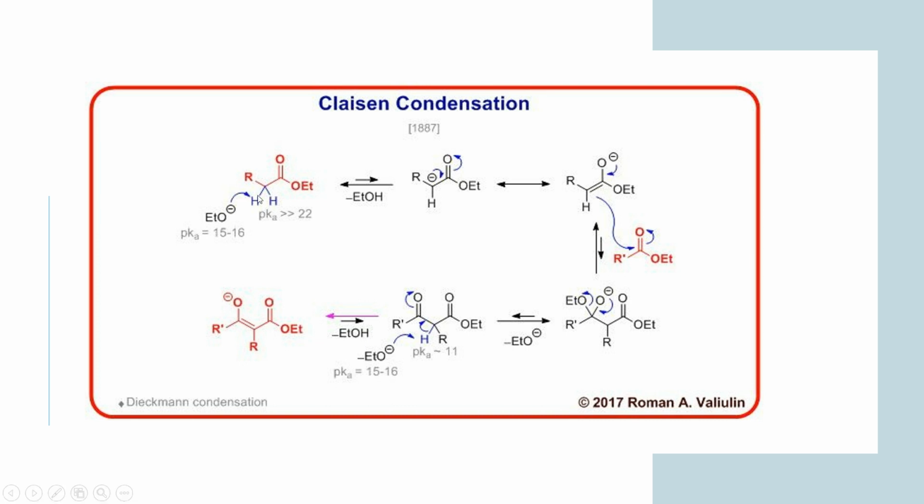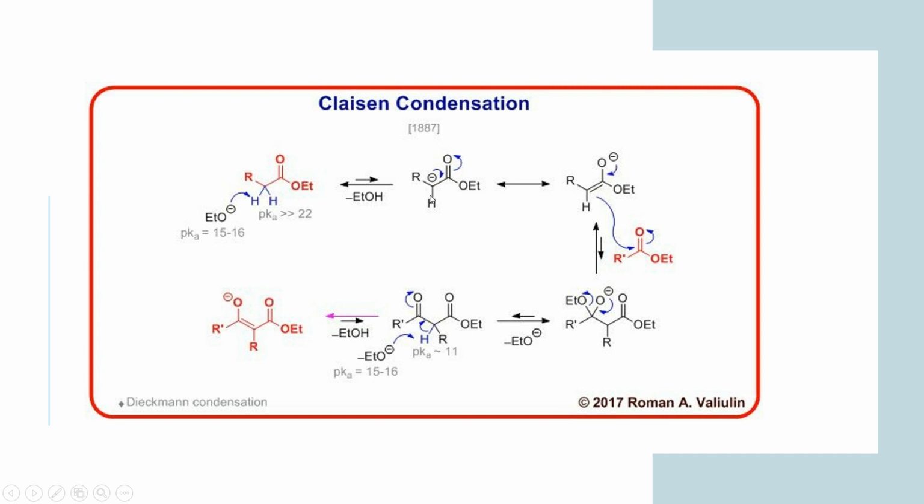So you must note that the acidity of these protons will depend on how much the carbanion generated here is stabilized. If the negative charge is stabilized at this center, then the rate of the reaction will increase, because we are getting a stable carbanion.